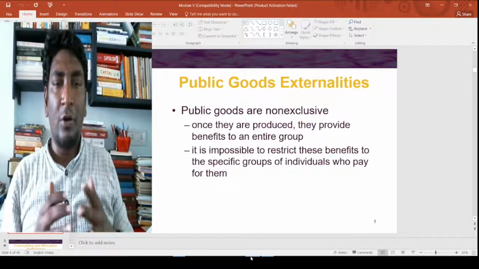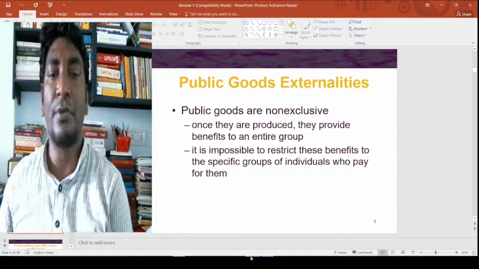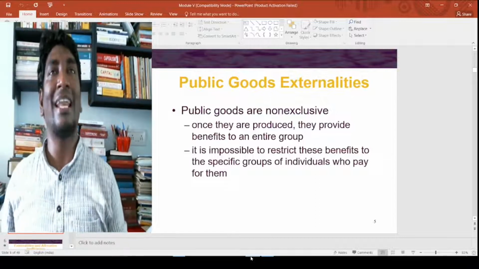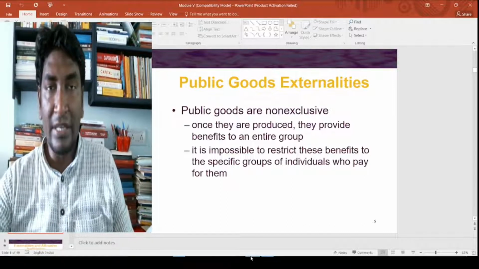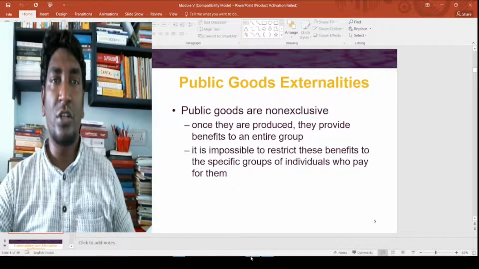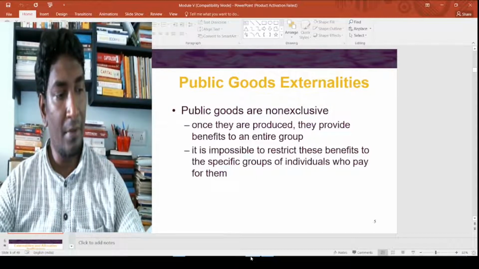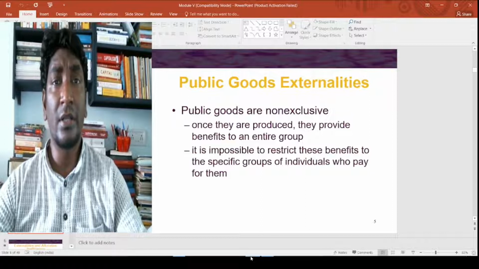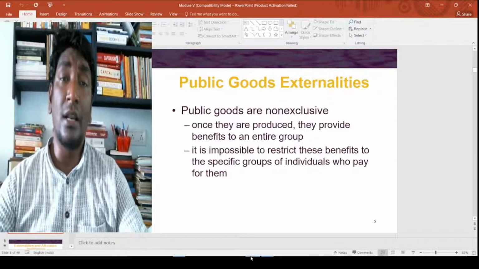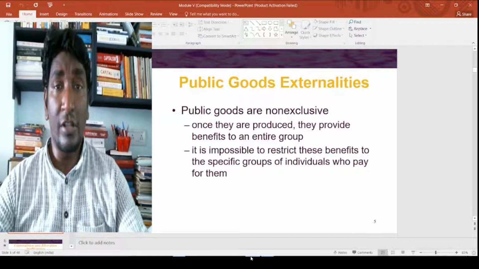When we speak about public goods, they are non-exclusive: once they are produced, they provide benefits to an entire group. It is because of non-excludability. Once the commodity is produced, the benefit of that commodity cannot be excluded to any single person, because that is the characteristic of non-excludability.